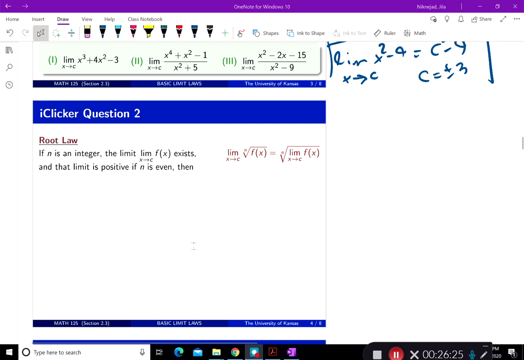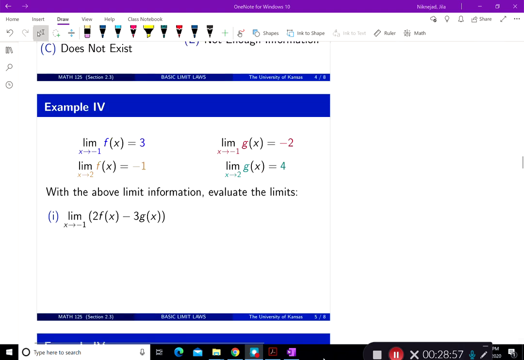First, before doing the iClicker question, now that we basically talked about a few polynomial functions, and a few functions that we had a lot of information about, let's talk about functions that we have only local information about.